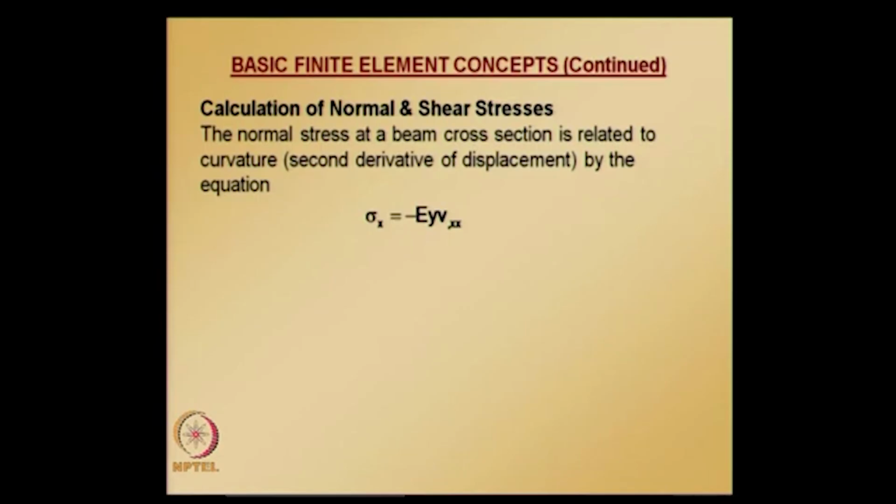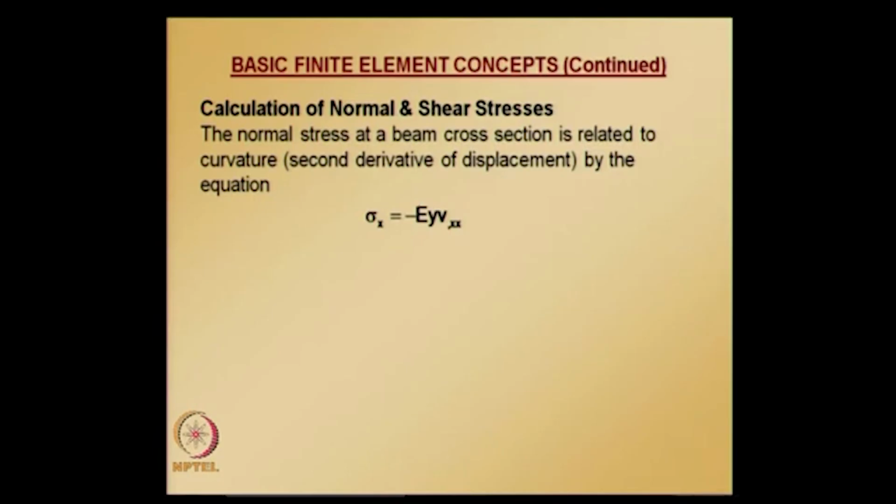Normal stress at a beam cross section is related to the curvature by sigma x is equal to minus E times the second derivative of transverse displacement, where E is Young's modulus and y is the distance from the neutral axis to the location where you want to calculate the stress.